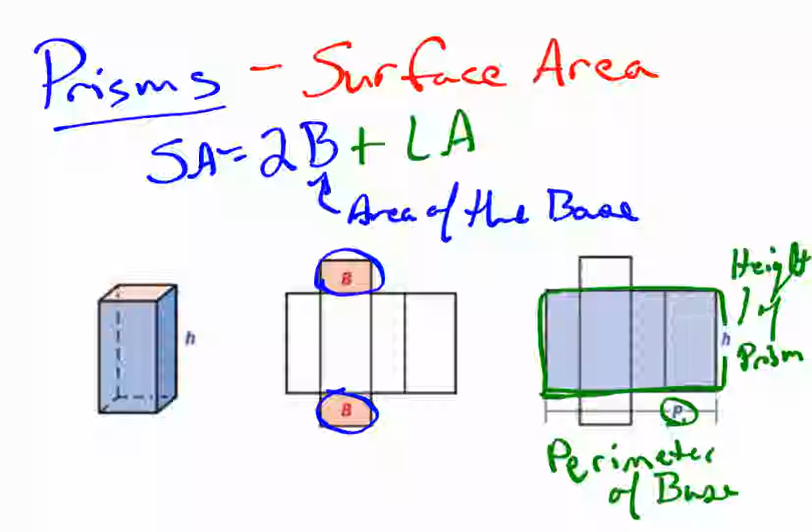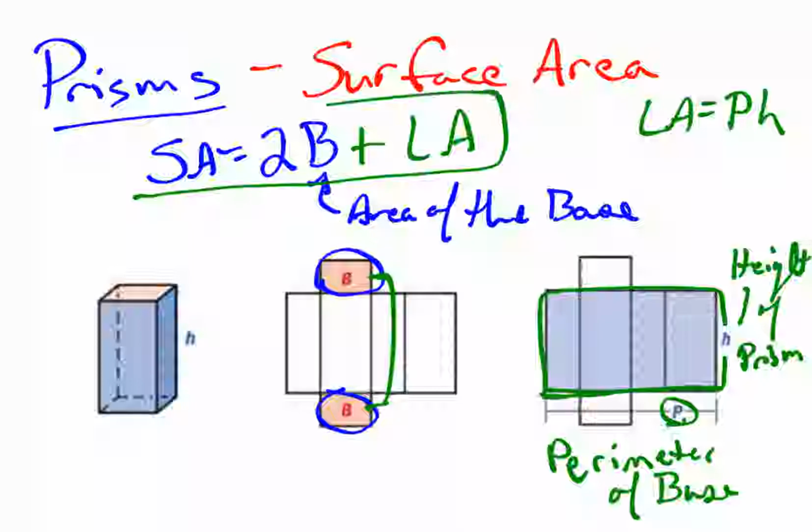Now the height of the prism is always the perpendicular height from base to base. So being that that's a rectangle, we can find the lateral area by taking the perimeter of the base times the height.